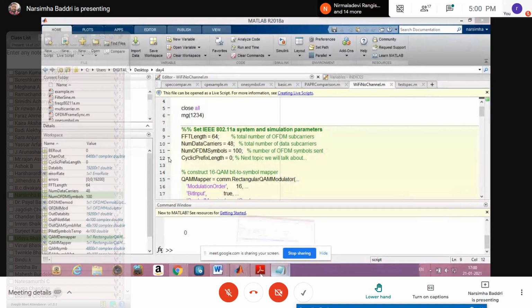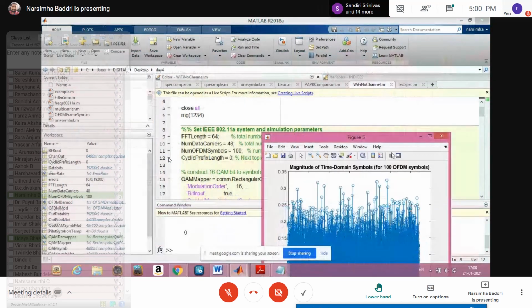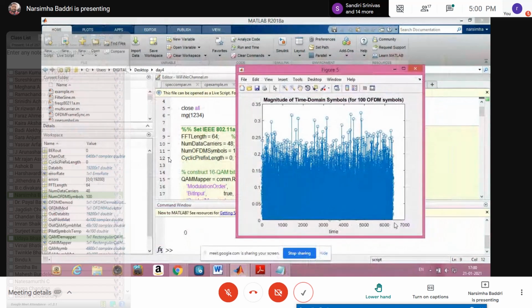And you can also see the transmitted data.